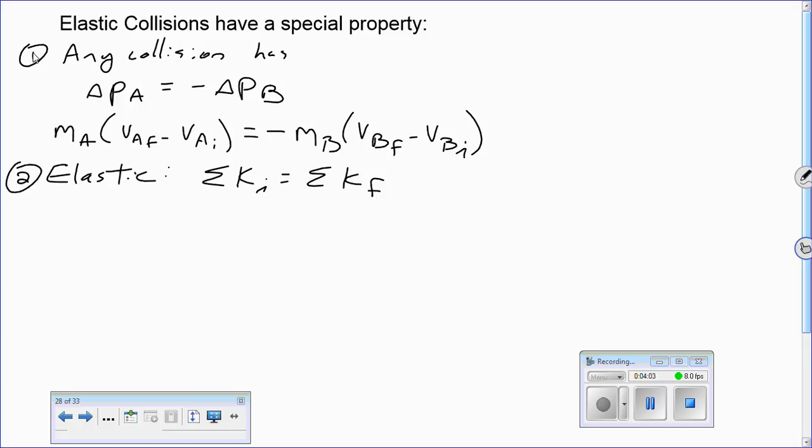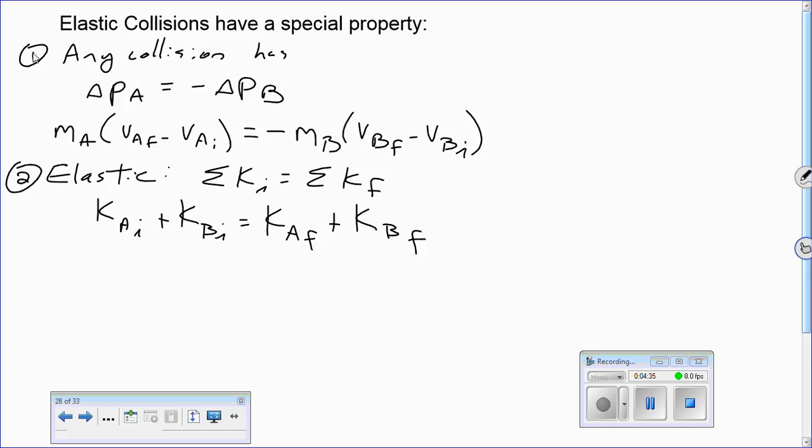Before I do that, was that a hand up in the back? Okay, everybody good? All right, so total kinetic energy initially. That means the kinetic energy of object A initially plus the kinetic energy of object B initially equals the kinetic energy of A after the collision plus the kinetic energy of B after the collision, right? Follow?